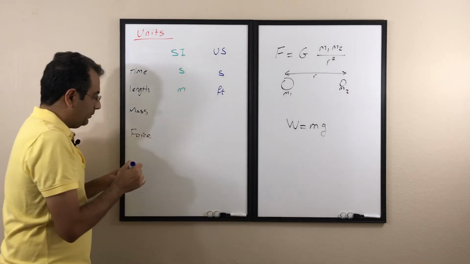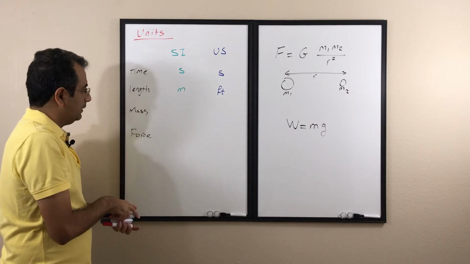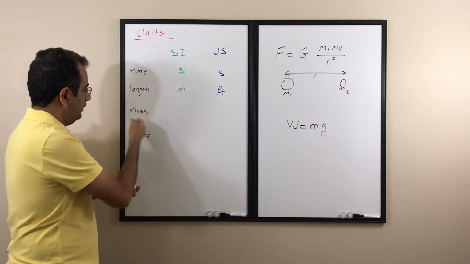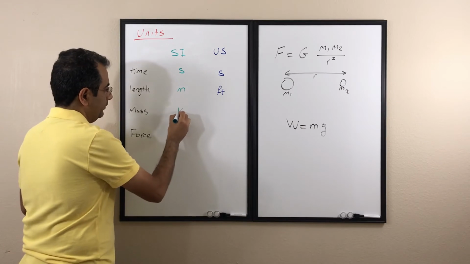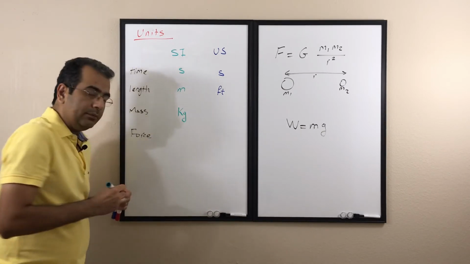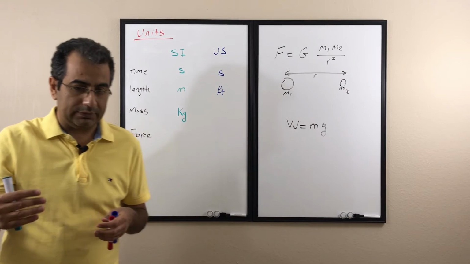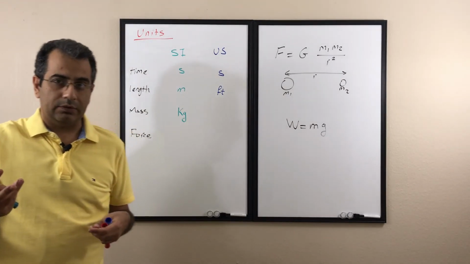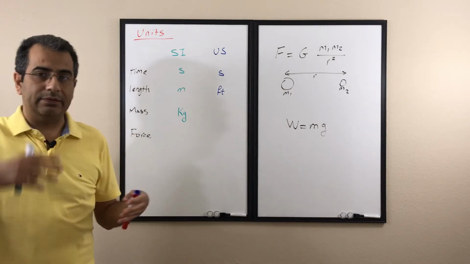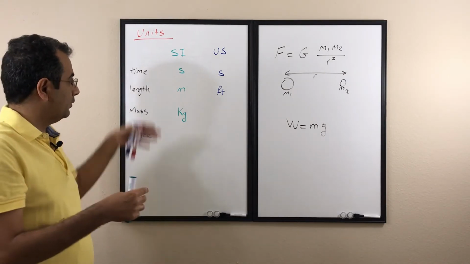And then we come to mass and force. I'm first going to talk about the SI unit. The mass in the SI unit is the kilogram. Remember, when I started talking about it, I said that between these four units, three of them are independent and the fourth one is calculated from those three.